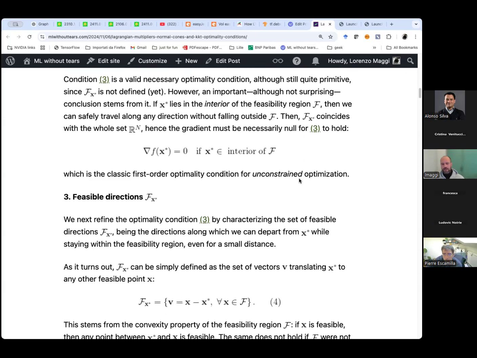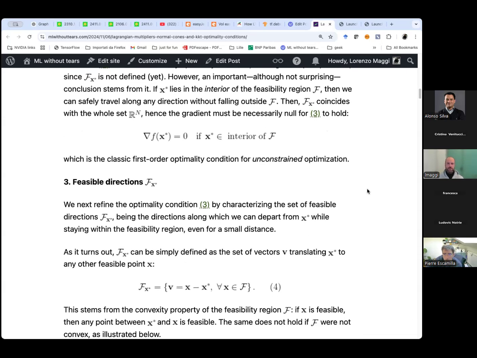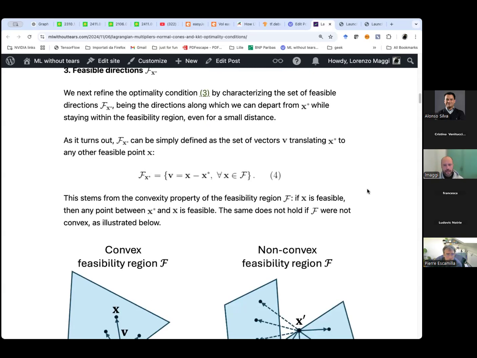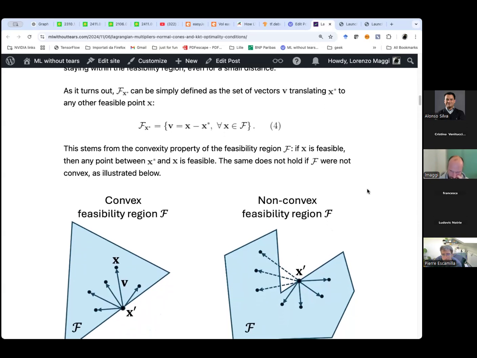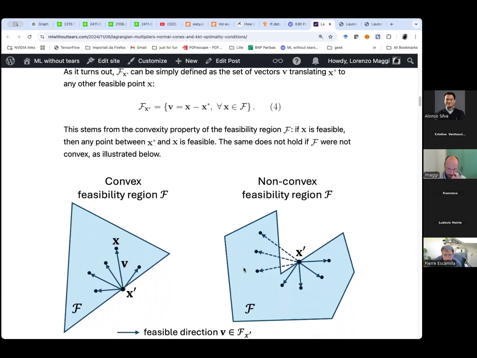So let's take it again. We are at x star. We walk away from x star in a certain direction. We say that this is a feasible direction if you stay at least a little bit in the feasible region. If you go outside the feasibility region right away, then this is not a feasible direction. This is the first illustration that helps us understand a little bit more.